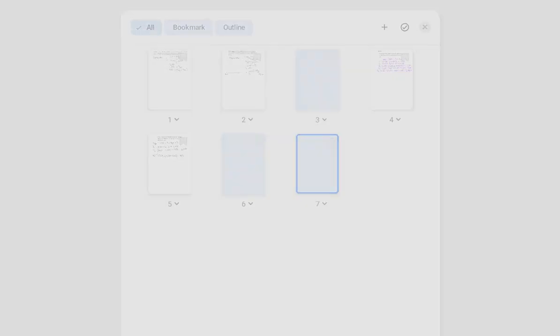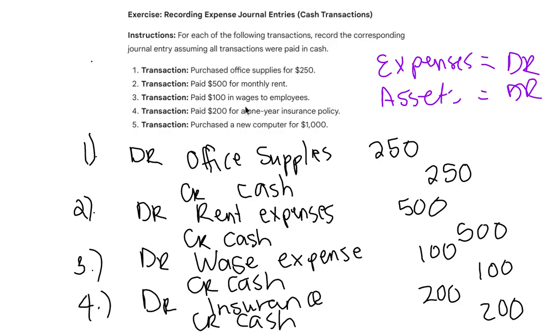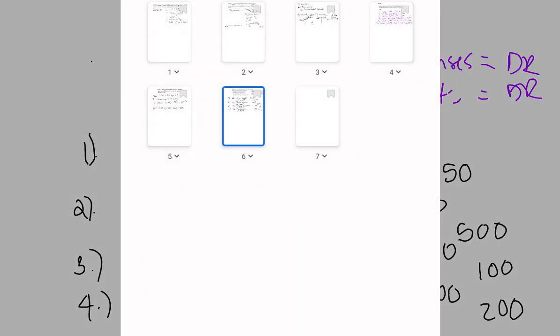And the last question we had to do, question 5, is we purchased new equipment for $1,000. So this is kind of different.